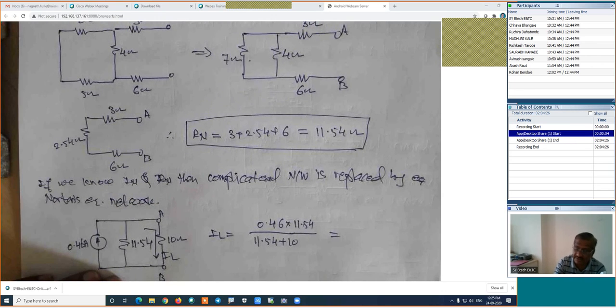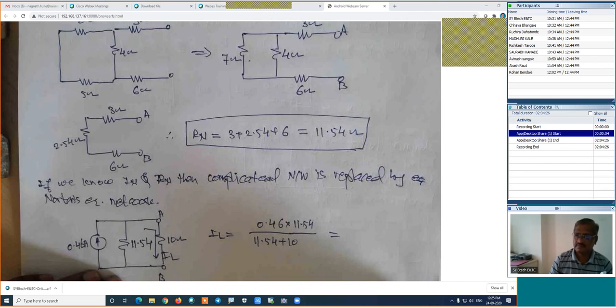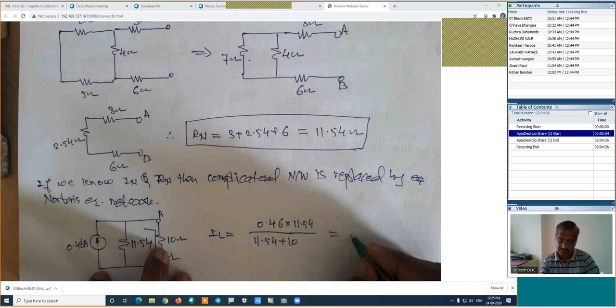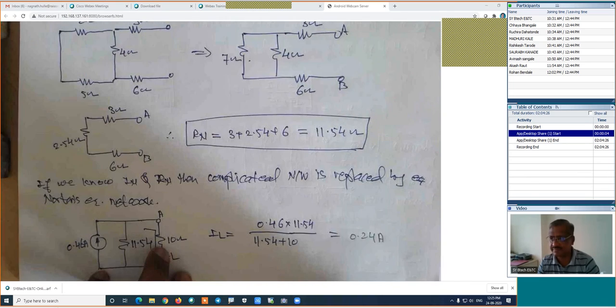You have to mention the IL in the figure also. How much is the value of IL? 0.24 amperes is the IL.